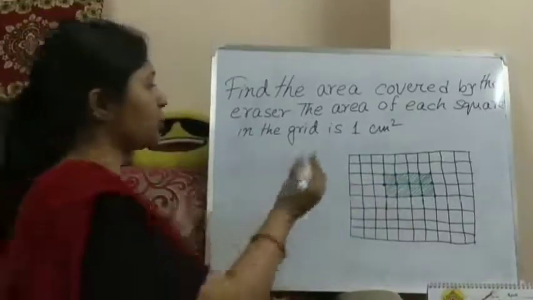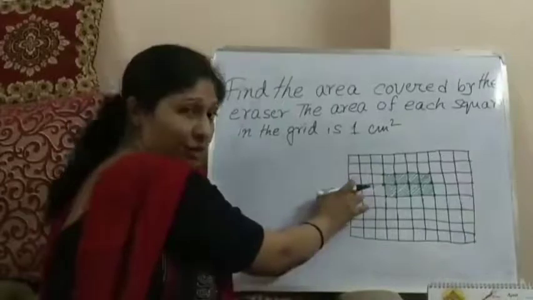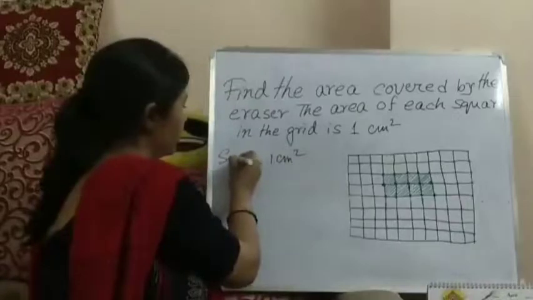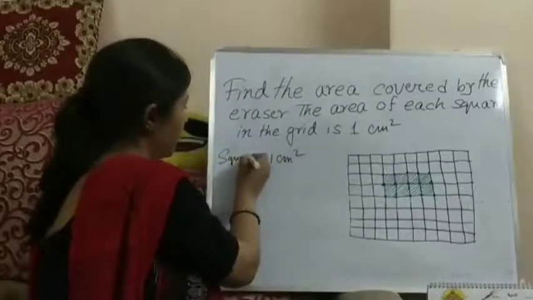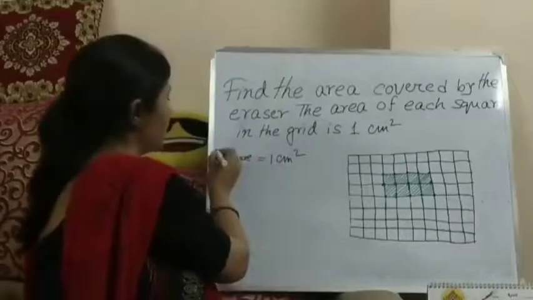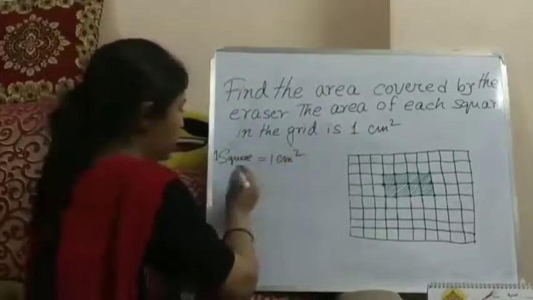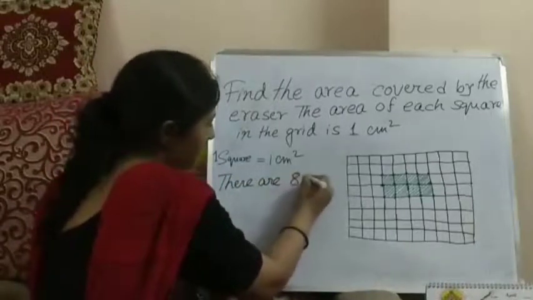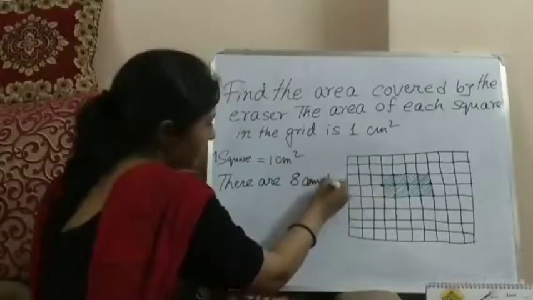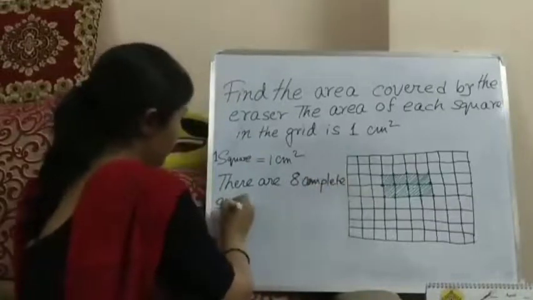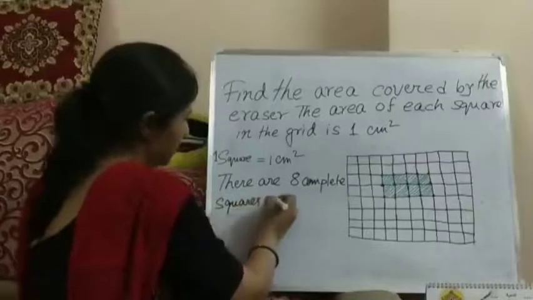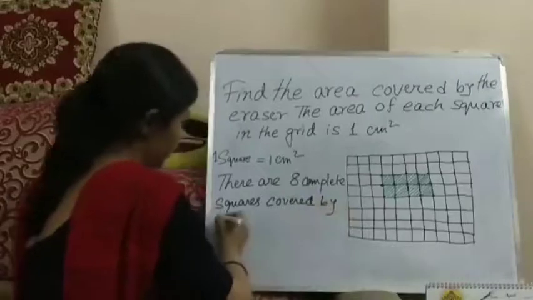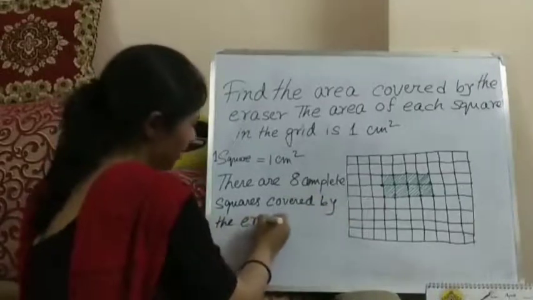Suppose we should know that 1 square means 1 centimeter square. So there are 8 complete squares covered by the eraser.